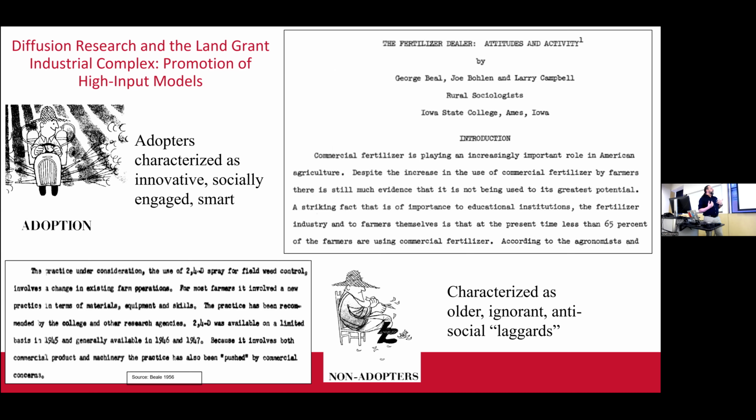And so back then, the language was really about adopters who were incorporating these practices onto their farms, it being characterized as innovative, socially engaged, the smarter farmers. And there was a characterization of those that didn't adopt these new technologies as older, maybe not as smart, and they were referred to in the literature as laggards. Now we can look back at that research and realize that that was kind of problematic for a few different reasons.